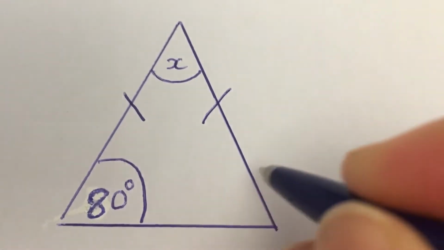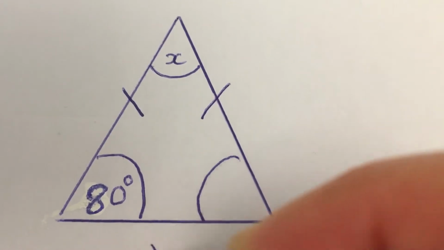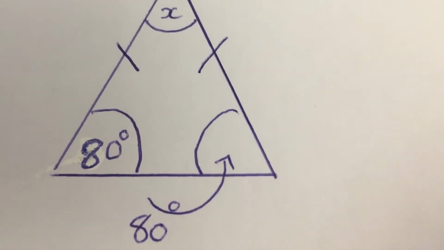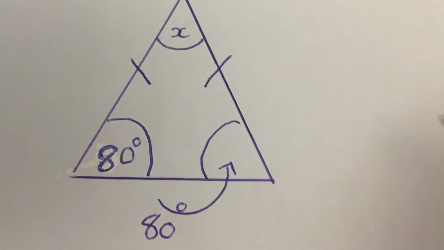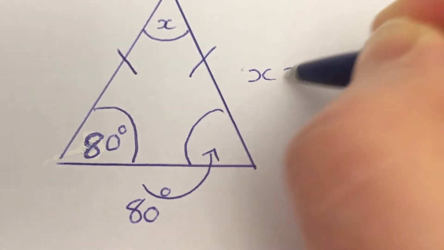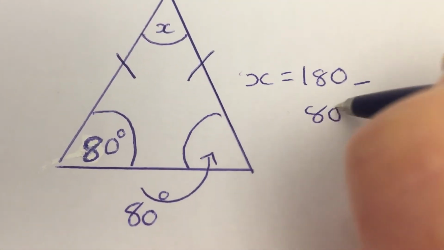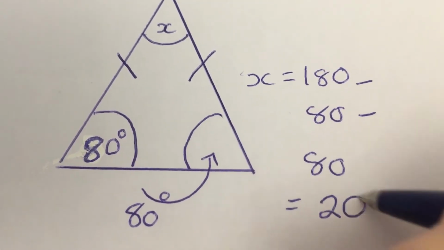So the first thing I would do is I would mark off this one is also 80 degrees, because it's the same as this one, because it's an isosceles triangle. And then we can say that x equals 180, take away 80, take away 80, which means x is 20 degrees.